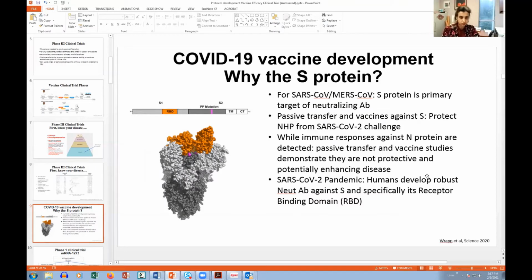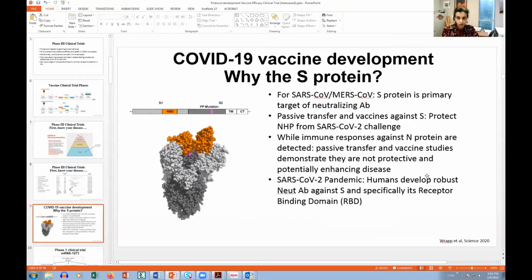So why the S protein for the COVID-19 vaccines? A lot of it, again, was built on data and work that was done by others during the SARS and the MERS coronavirus epidemic research response. It was found that the S protein is the primary target of the neutralizing antibodies. Passive transfer and vaccines against the S protein will protect non-human primates from the challenge.